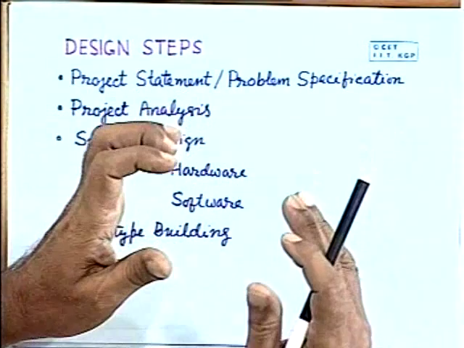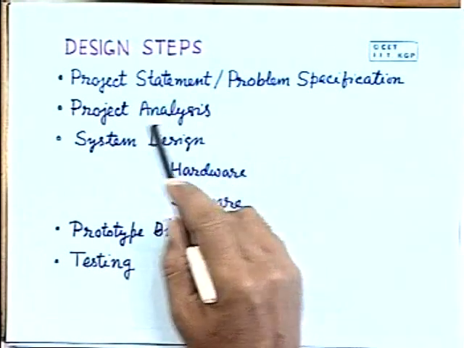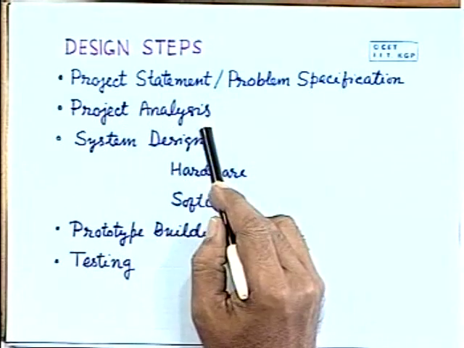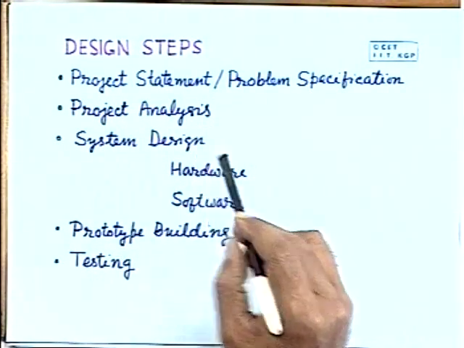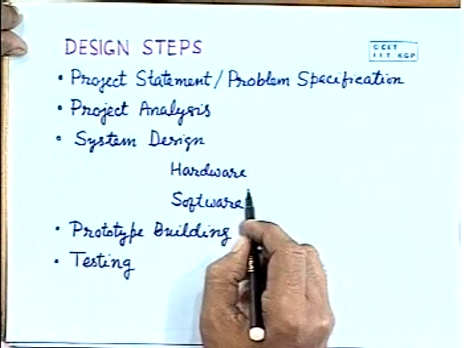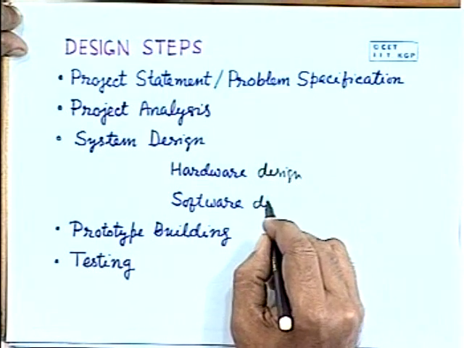It is given in pure and simple English, but it has to be unambiguous so that the design is not faulty. Then you have to analyze the project, that is called project analysis, and after the analysis is done, you will do the system design.